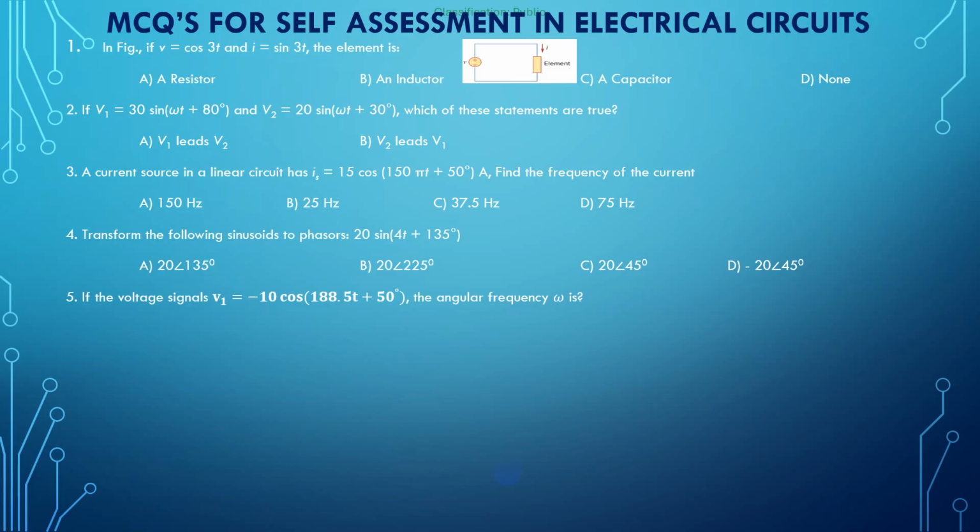If the voltage signal is V1 equals 10 cos(188.5 t plus 50 degrees), the angular frequency omega is, how the equation, sine or cos omega t plus phi. What is the angular frequency? 188.5.